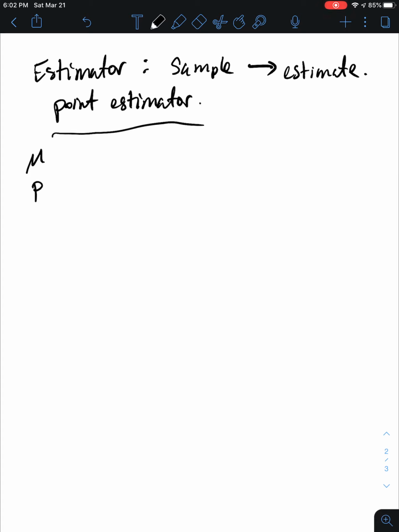So you may find them in popular press, in newspapers like USA Today or something like that. You'll find lots of point estimators. And people get used to using point estimators, but they are rather misleading. They're quite misleading. And so what we're going to spend most of our time on is interval estimators. Interval estimators are the way we must go. So we're just talking about point estimators to talk about something that's bad and something that you shouldn't do.